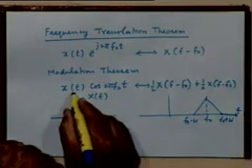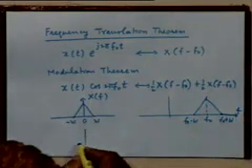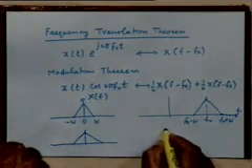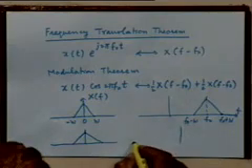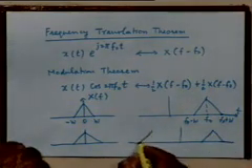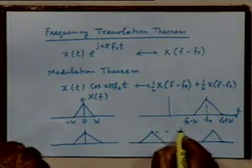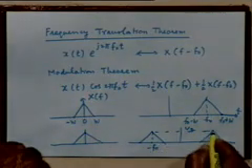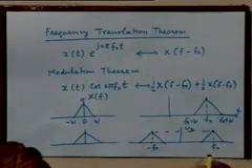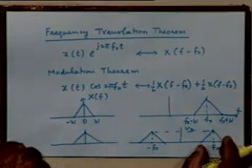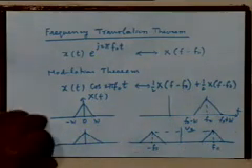Whereas multiplication of x of t with a sine wave or cosine wave leads to a spectrum like this. That is, this gets shifted to both f naught as well as to minus f naught.